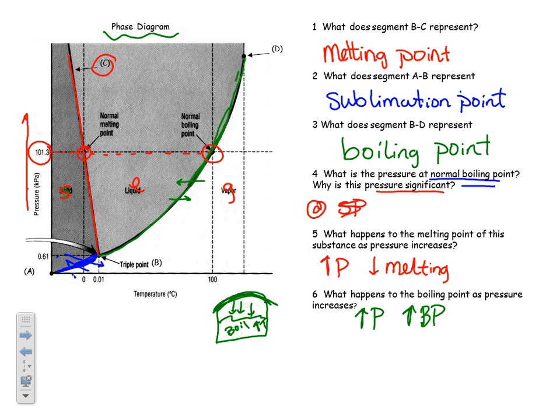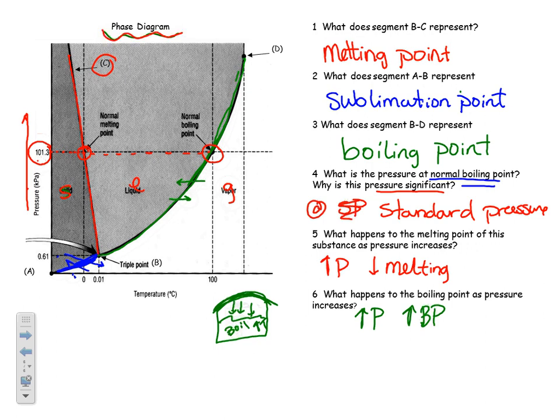So if you're ever asked for the normal boiling point or melting point of something, and you have the graph, you should look for standard pressure. And on this graph, it is 101.3 kilopascals. That, of course, could be listed as 1 atmosphere. It could be listed as 760 millimeters of mercury, your favorite unit.